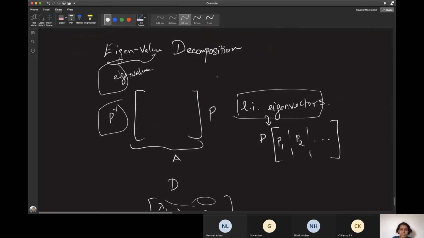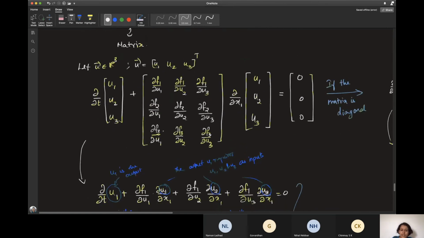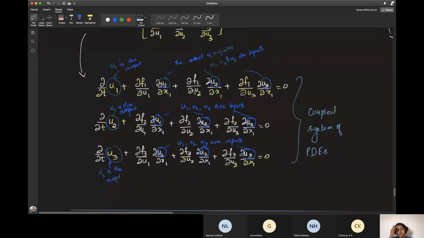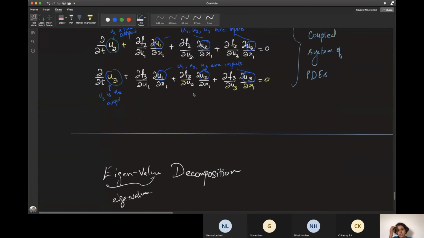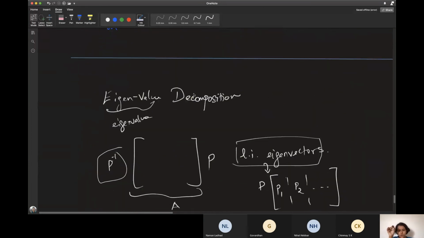Now we have seen this for just a matrix in which all the elements are constant. Last time we developed that eigenvalue decomposition for a matrix in which all of these elements are constants. But for our physical system, that is Euler's or Navier-Stokes system, this matrix will not be constant.